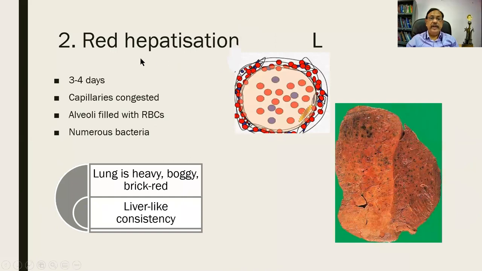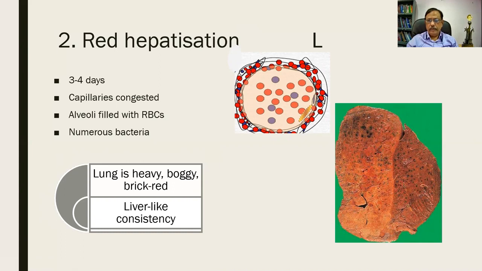The stage of red hepatization. This usually lasts for about 3 to 4 days. The capillaries are congested again, and the alveoli are filled with RBCs. These are the RBCs, and numerous bacteria will be seen in the alveolar spaces.